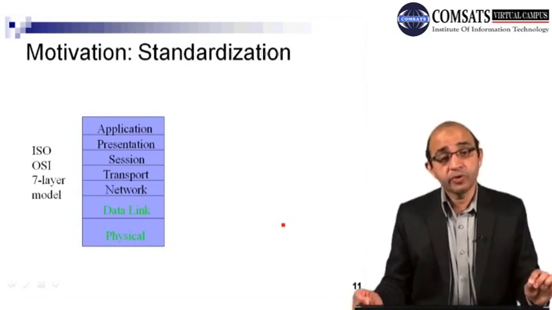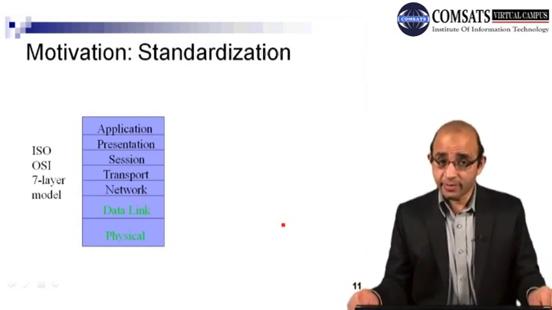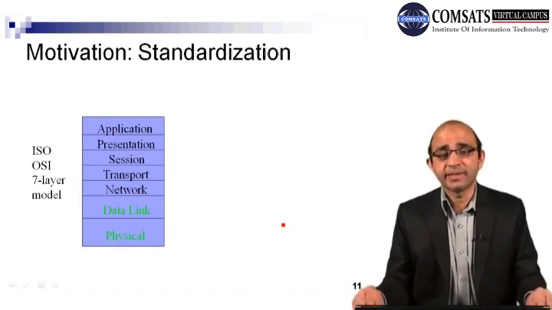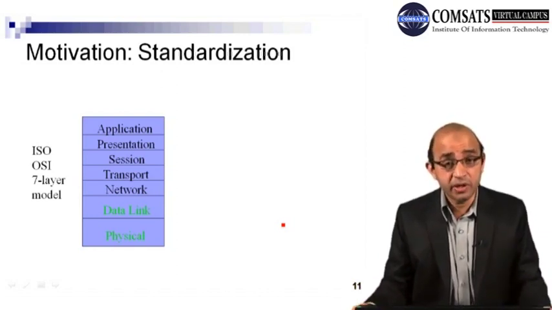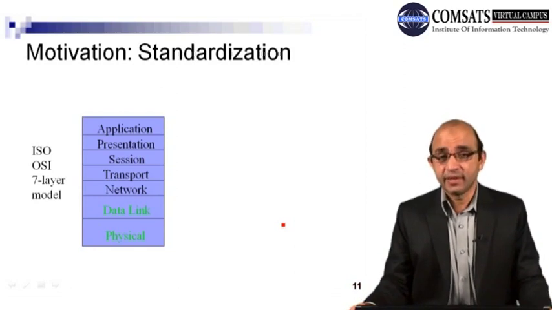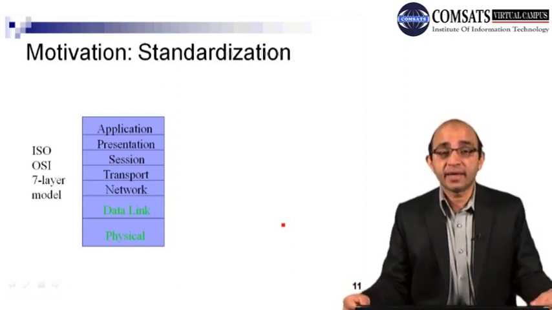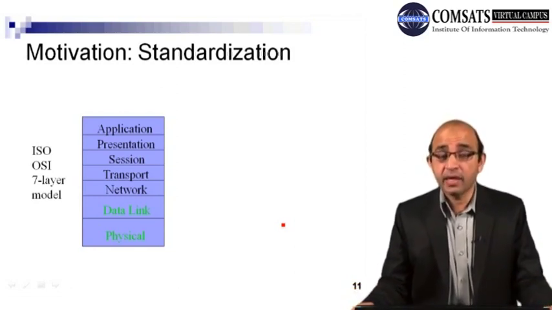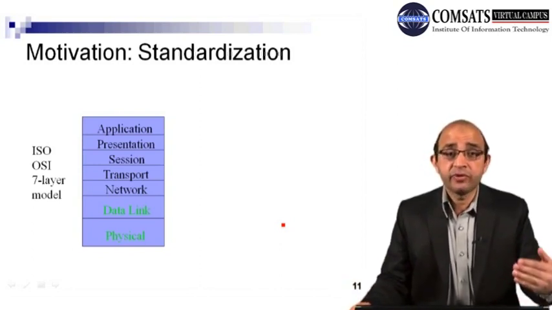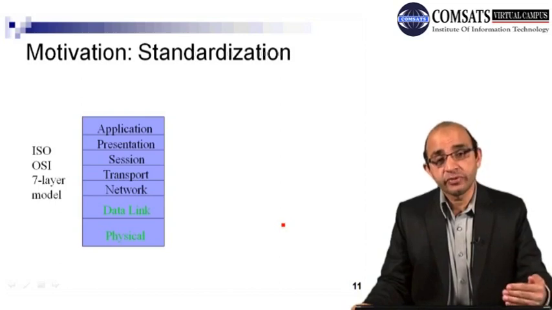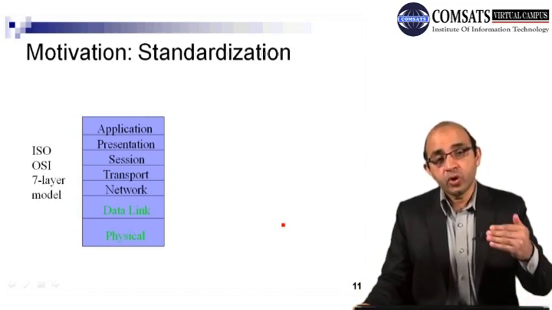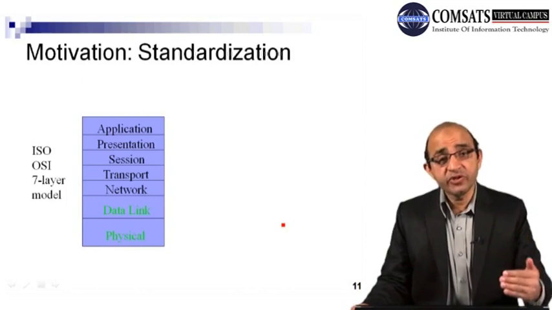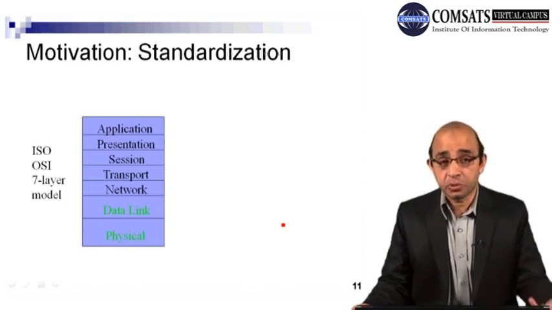Whenever we talk about communication, as mentioned again and again, data communication is a complex task. So we have divided that task into subtasks, and in order to perform those subtasks at different layers, we have to define different sets of rules. All these sets of rules are actually protocols.